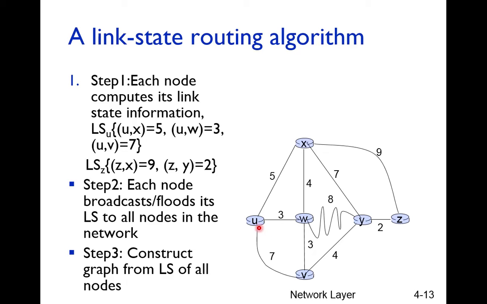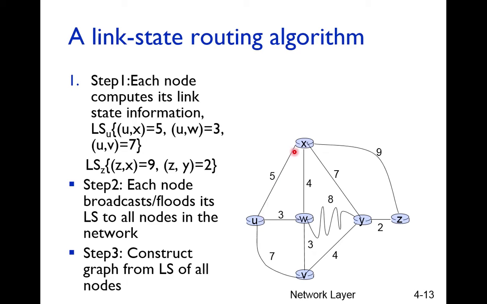Its directly connected nodes, or directly connected links, are called link state information. So the link state information represents the links to the direct neighbors of a node. You can see for u, the link state information is ux, uw, and uv.